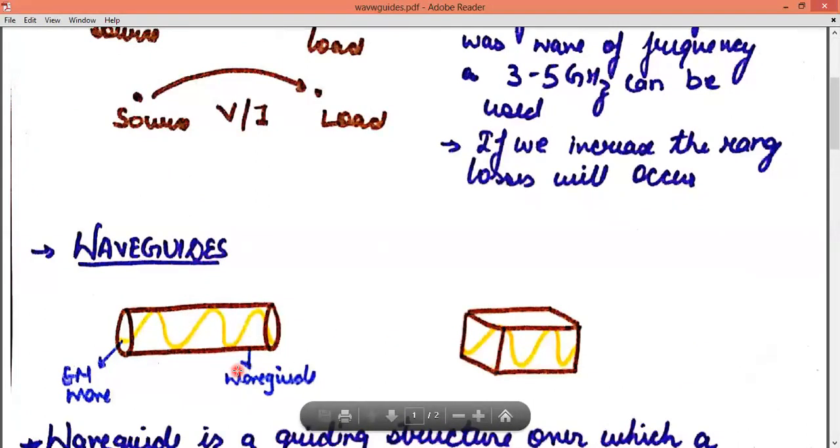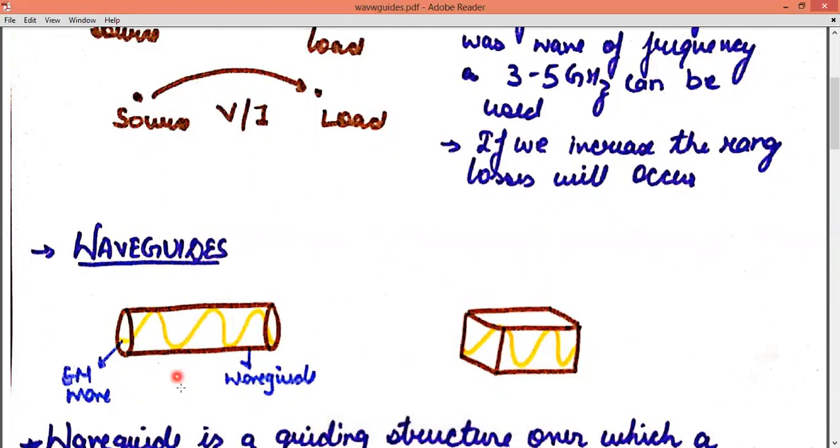The wave travels from one point to another. See, in the yellow portion, this is the electromagnetic wave. The structure over which the wave is traveling is called a waveguide. A waveguide is nothing but a guided structure which will guide the wave to flow from one point to another, or source to destination.